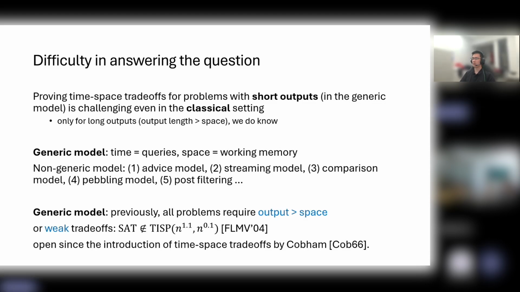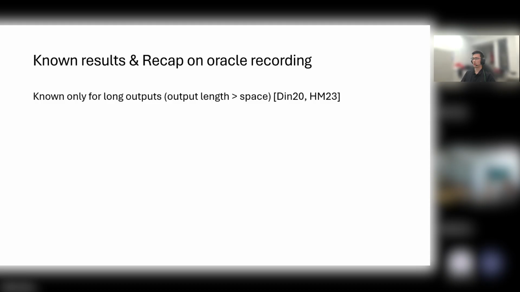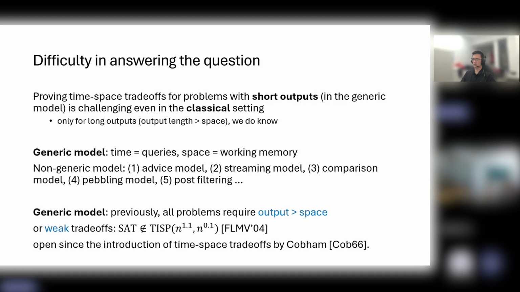Previously in the generic model, we have either a long output result, meaning the output is larger than your space, or a weak trade-off. The question of whether there is a short output problem that satisfies a space-time trade-off is still open. In this work, we resolve this problem: we present the first space-time trade-off for a short output problem.